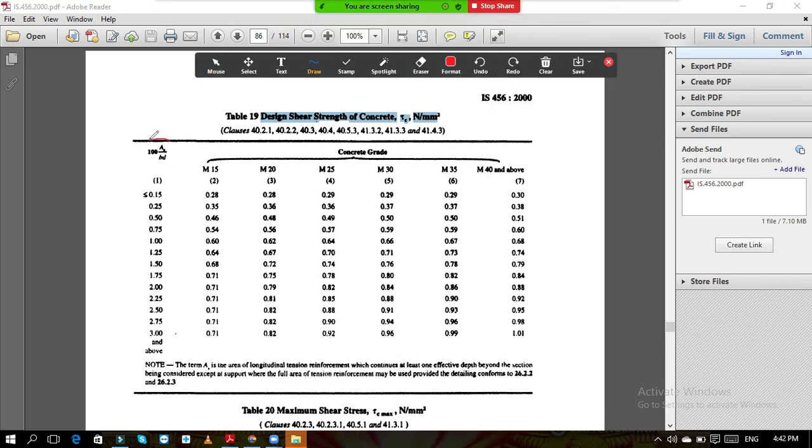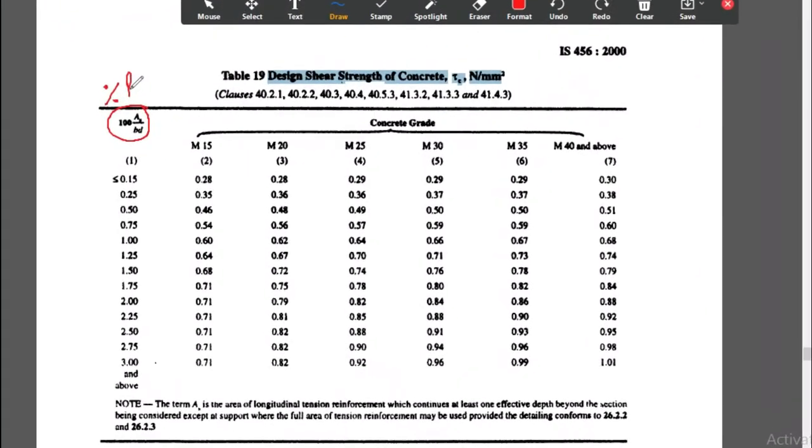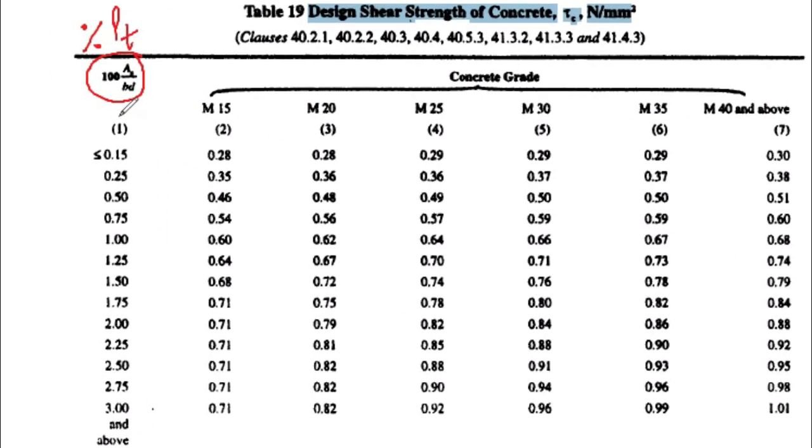Here it is 100 AST upon BD. So this is nothing but percentage of steel. Here the grades of concrete are given, M15, M20, M25, M30, and accordingly the values are given.